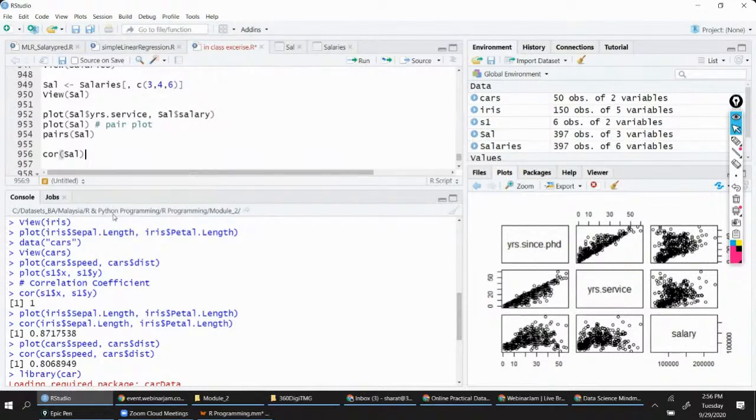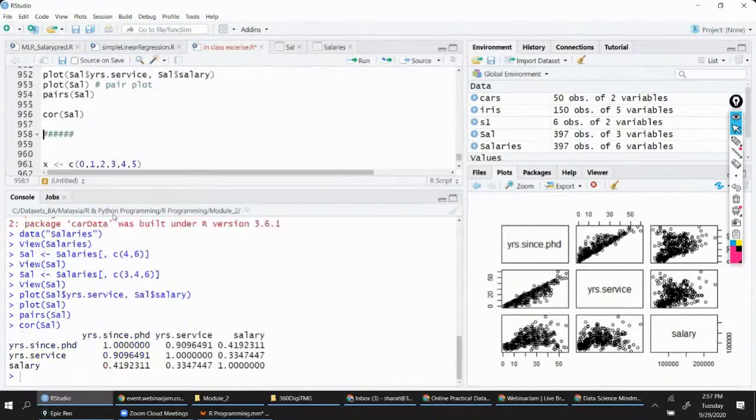Just like you get a pair plot, the correlation function is also going to treat pairs. It is going to create pairs and calculate the correlation. The output is given in the console. Here also you get the pairs calculation.